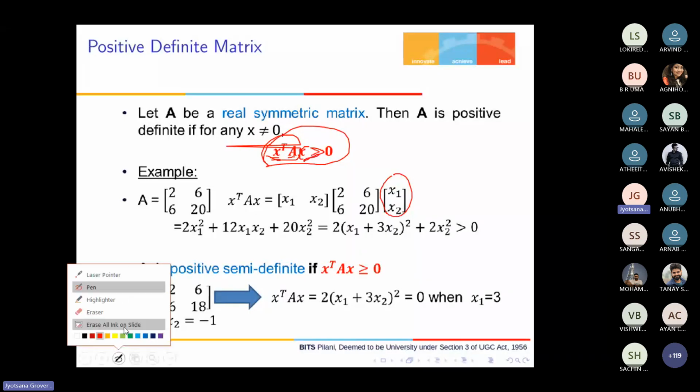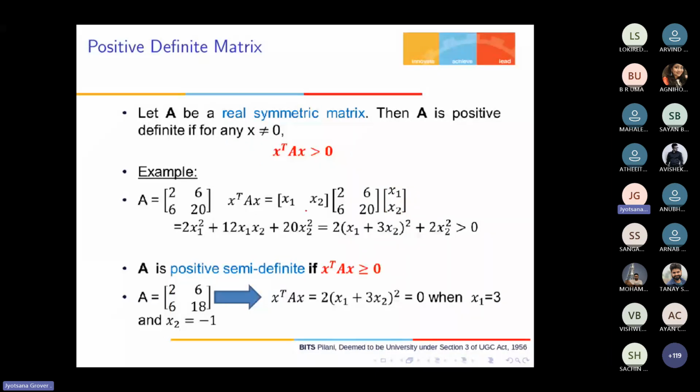Okay, let's see for this. X1, x2, you multiply with this. What will you get here? First you multiply this matrix with this vector. Is this compatible? This is 2 by 2 and this is 2 by 1.